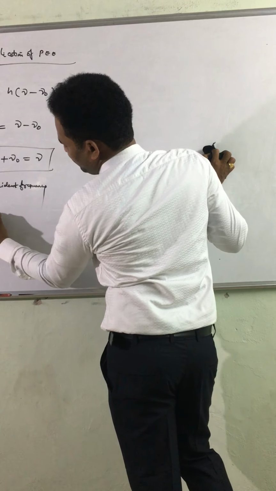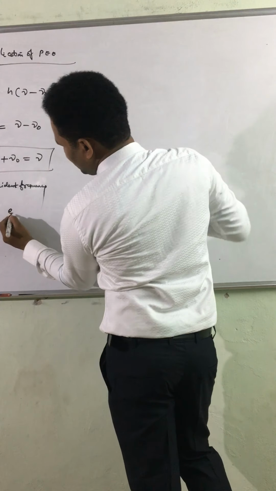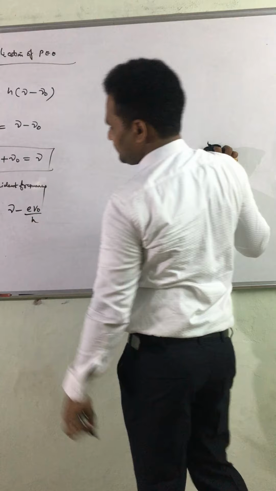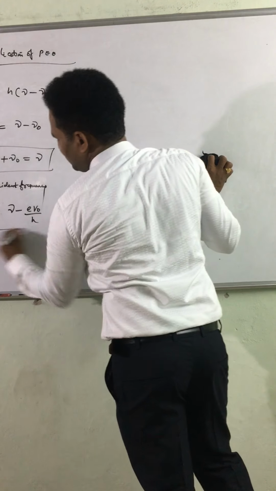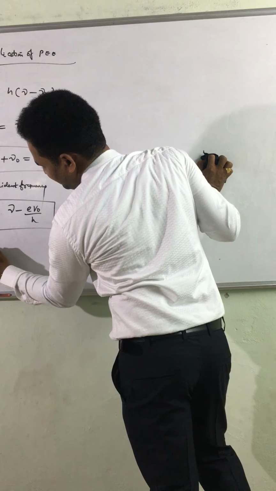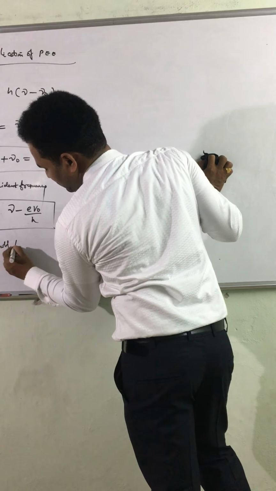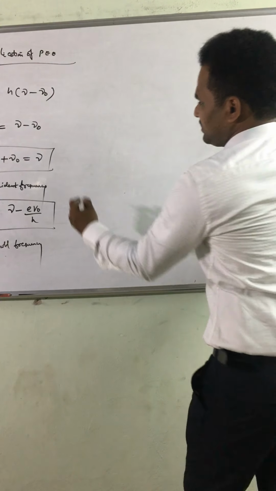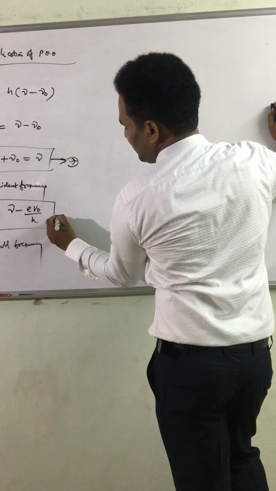In a similar way, nu naught is equal to nu minus eV naught by h. This is for threshold frequency. Understand? This is the 7 and 8.